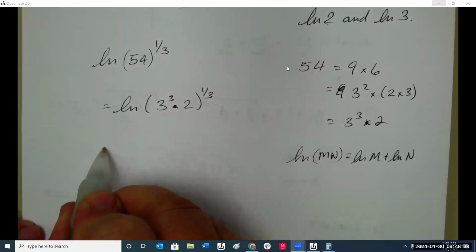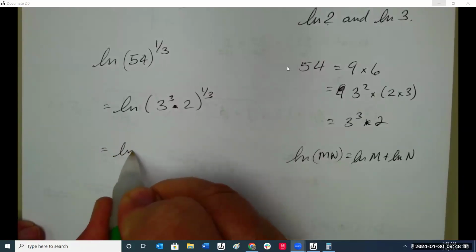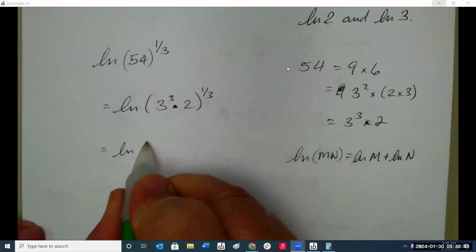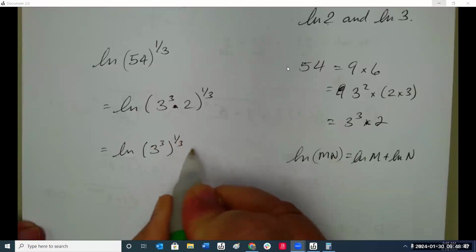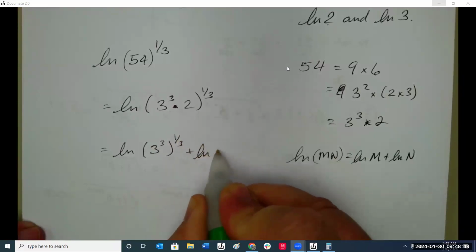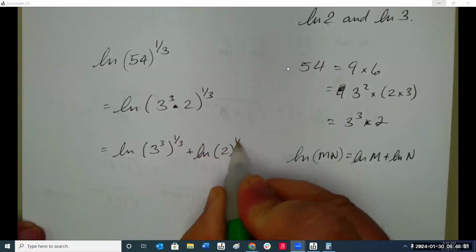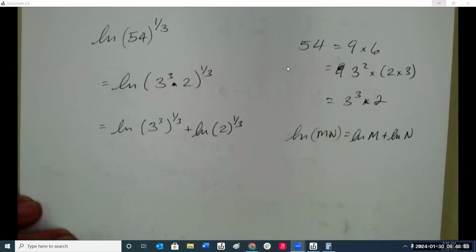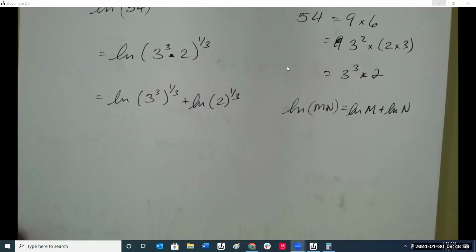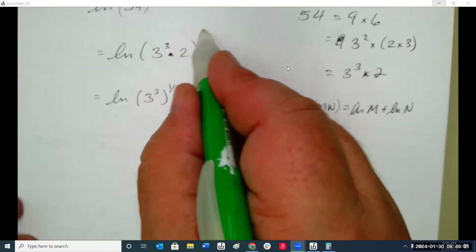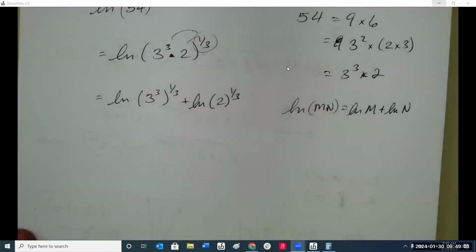So what this one says is I could take ln, because since they're multiplied, I can distribute that to both of those.